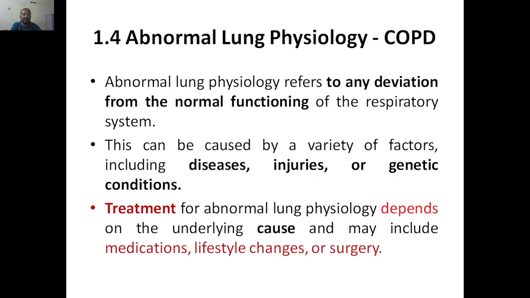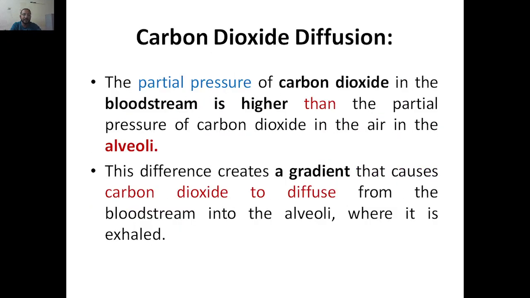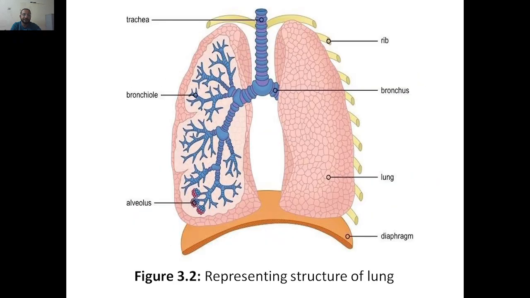For example, just go back to the diagram. See here, when you are exhaling, when you are taking out the maximum capacity you have, the lung will shrink and give out all the air. But if it is not coming out, that means the amount is not what is expected for a normal, healthy person.